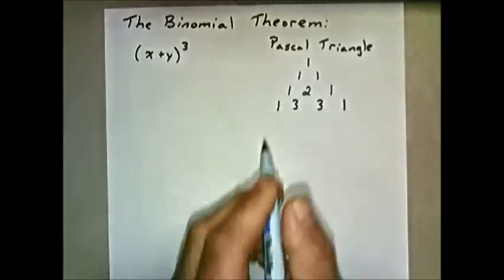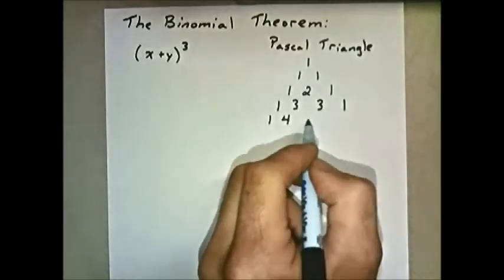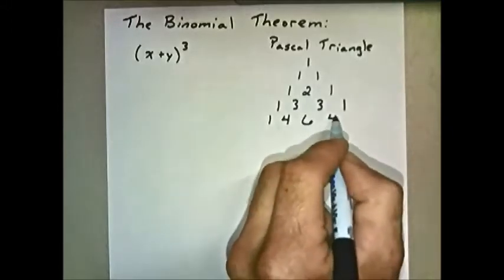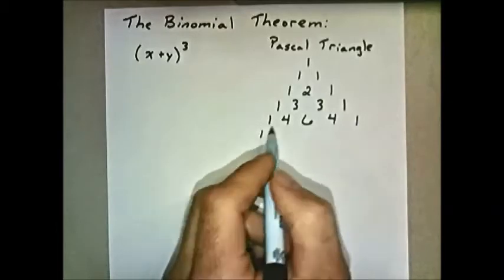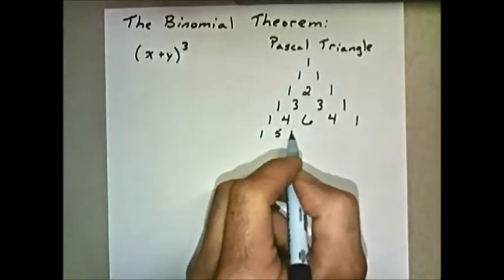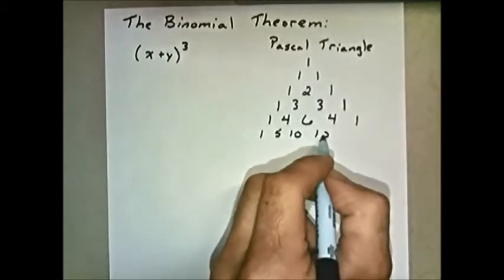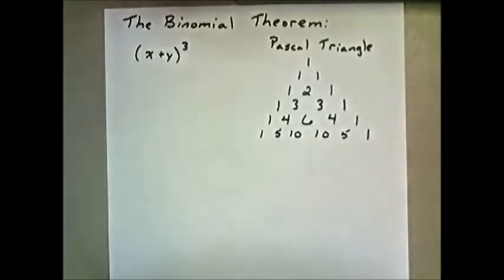end with a 1. Our next row, 1, 4, 3 plus 3 gives us 6, 4, 1. And finally, one more row, 1 plus 4 gives us 5, 4 plus 6 is 10, 6 plus 4 is 10, 4 plus 1 is 5, and our 1.